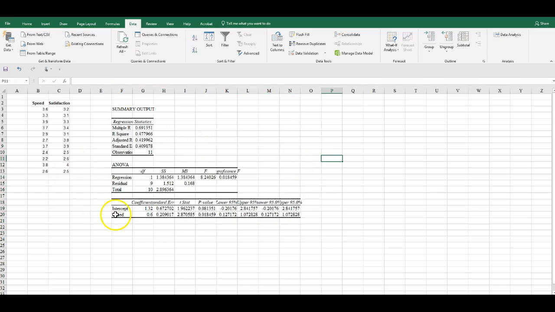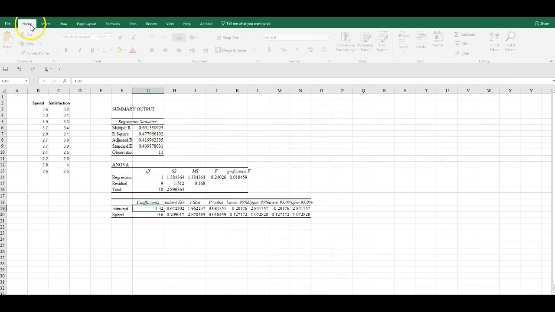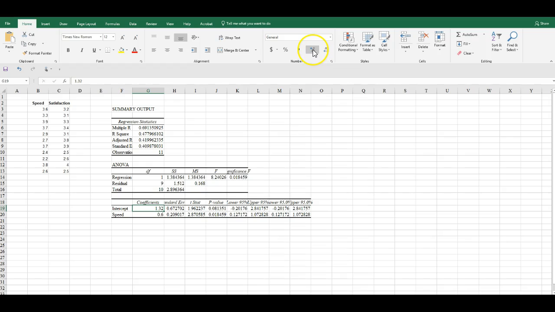So the intercept is given only to 2 decimal places. The speed, which in this case is the slope, is also given to simply 1 decimal place.